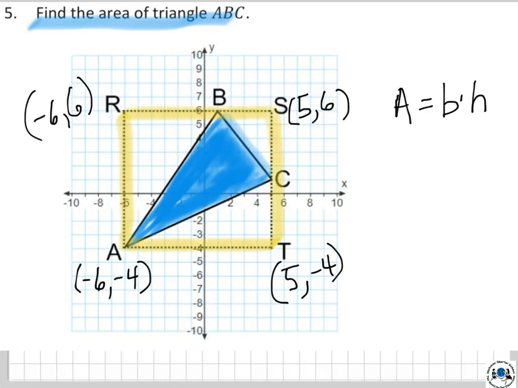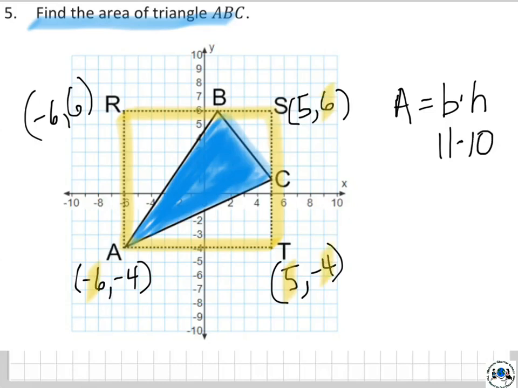Okay, so we know area equals base times height. We're looking at the area, of course, of this rectangle. If I use my x values on the base there, I would get 11, because negative 6 minus 5 is negative 11. Absolute value of negative 11 is 11.